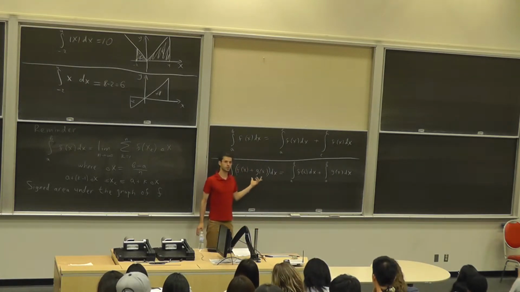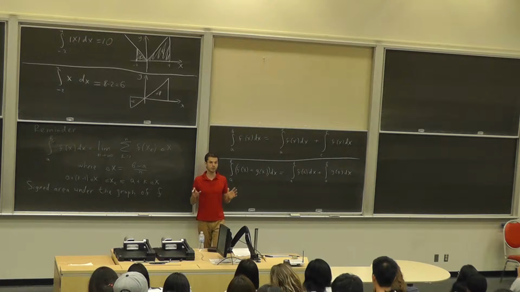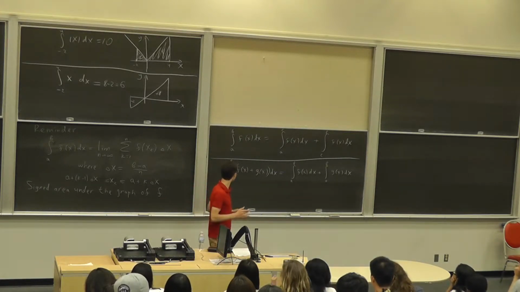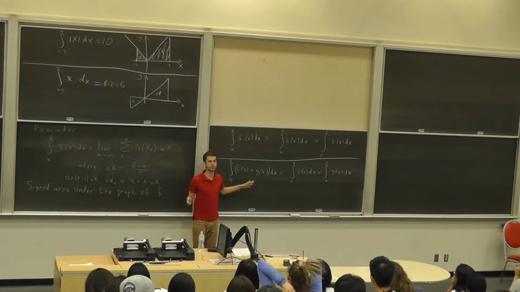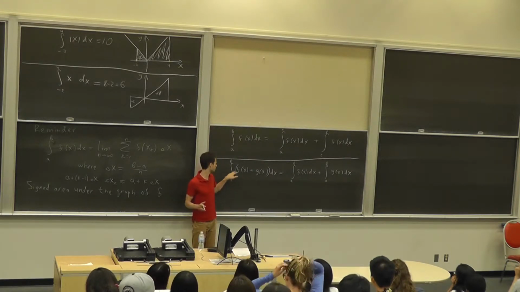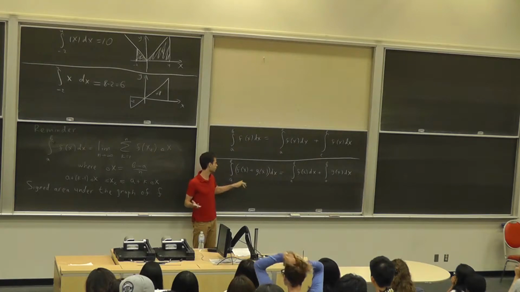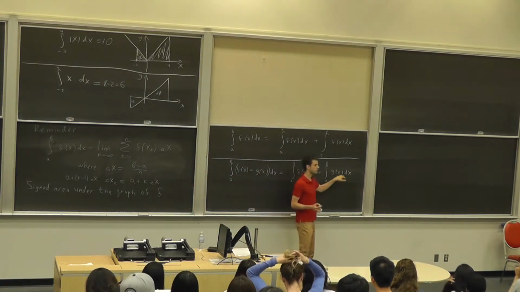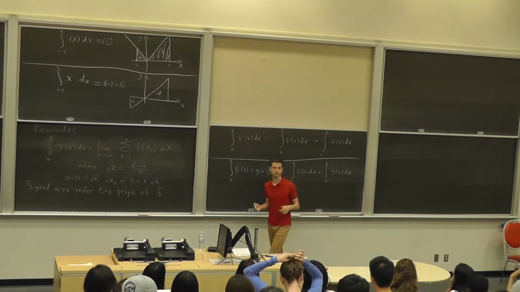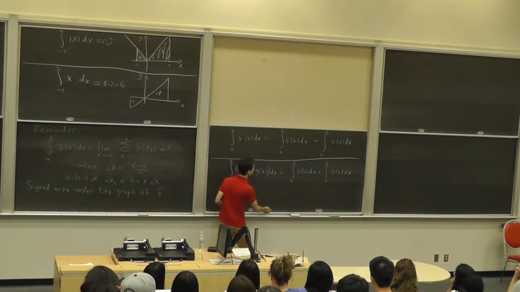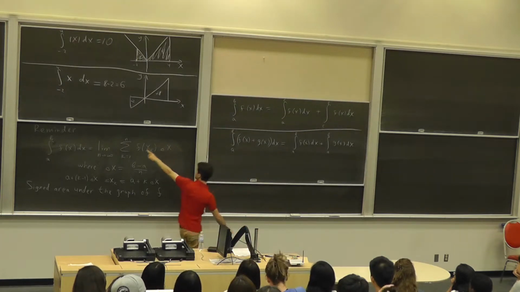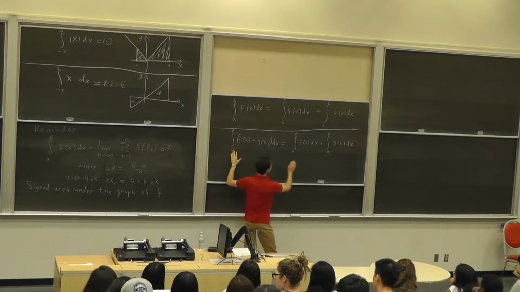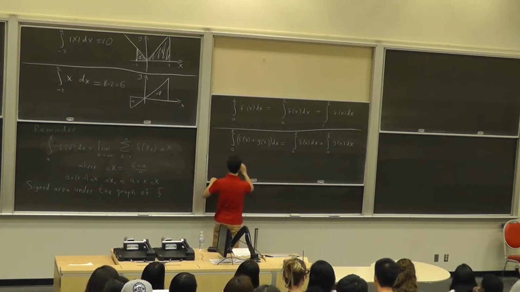Geometrically, at least, this statement is not that obvious. You can find some interpretation, something about the area under the graph of f plus g being related to the areas under the graphs of f and g, but it's not really obvious. Using the definition, however, it becomes quite obvious because the Riemann sums on the left and on the right are exactly the same.